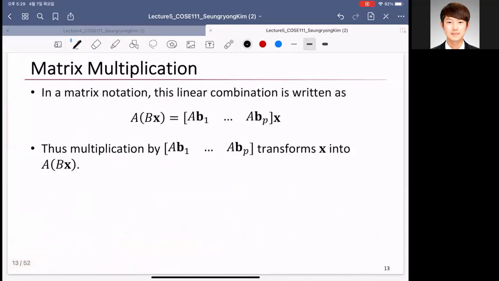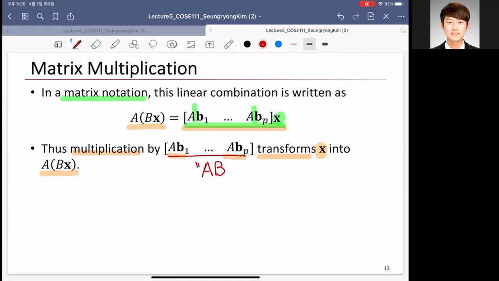Then we can easily rewrite this in matrix notation: AB1, AB2, ABP as columns, times vector X, because these are the entries. So ABX is equal to the matrix with columns AB1, AB2, ABP times X. In other words, multiplication by this matrix transforms X into ABX.